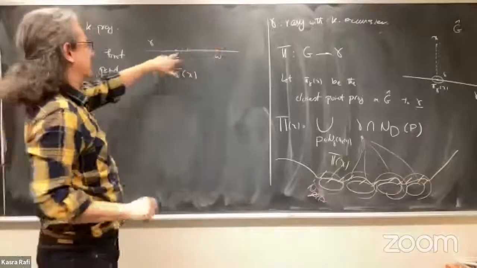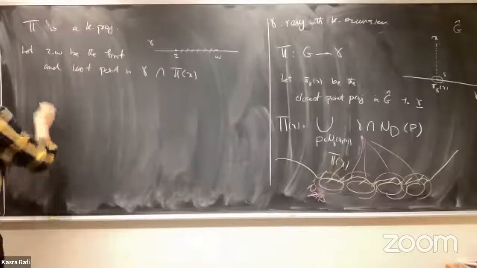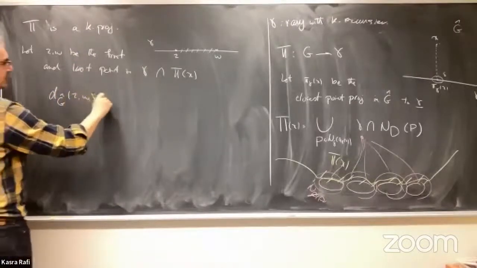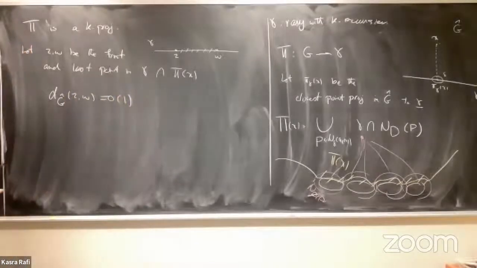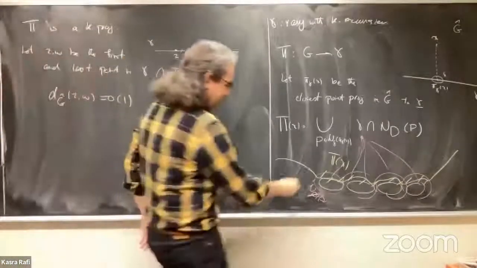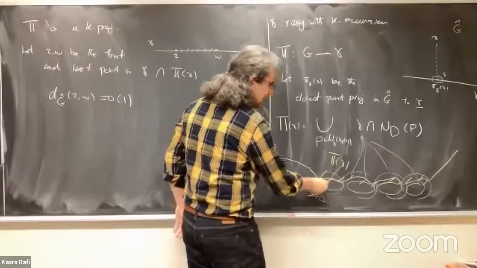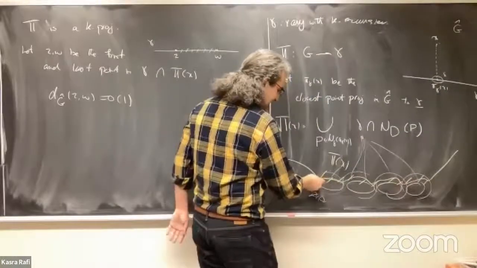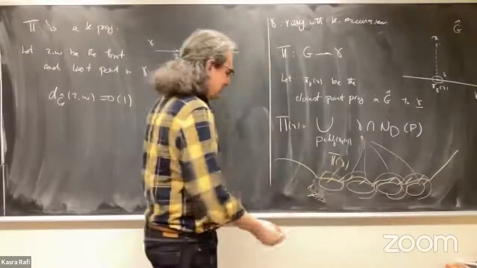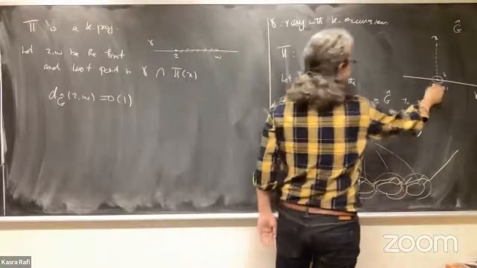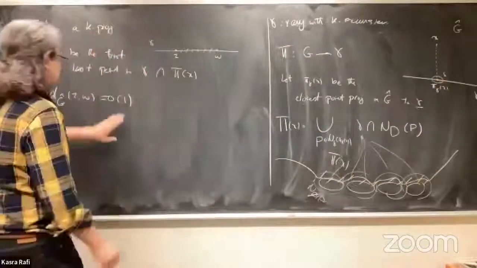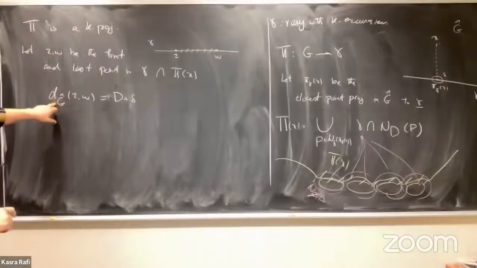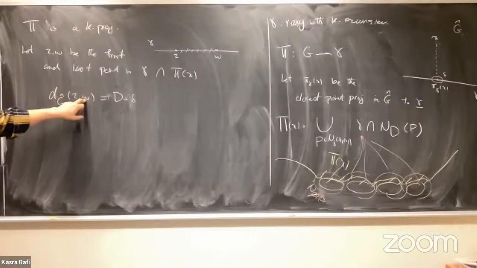Gamma has a time parameter, so I can talk about the first and last. So then the d_G hat of Z and W is some bounded number, right? Why? Because if you're pointing here, you are d close to some delta neighborhood of that. So your distance in G hat is at most d, if one step here is the same as moving in G hat, and then another is delta. So you're at most d plus delta. So the distance in G hat between these two guys is uniformly bounded.